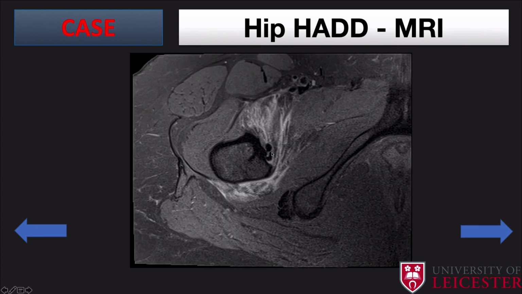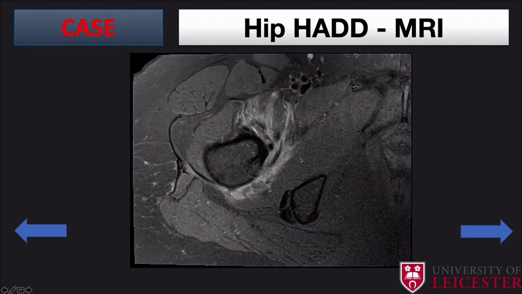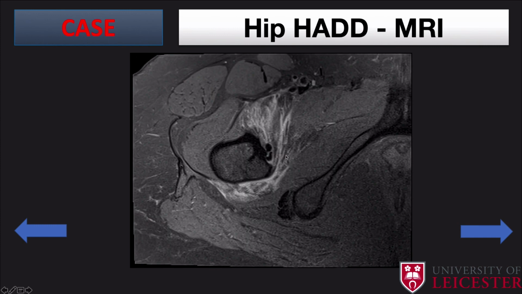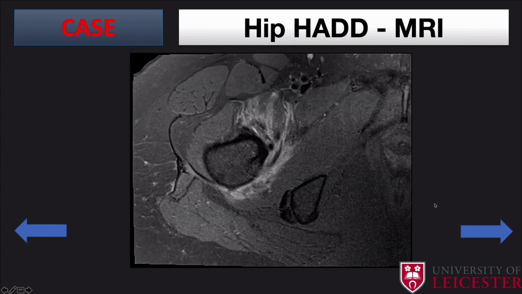These amorphous foci of low signal are actually calcific deposition, and that's what you were seeing on the radiograph. And here you've got an actual acute tendinitis of the right iliopsoas tendon, and it's quite important in this case to demonstrate that this is a calcific tendinitis secondary to hydroxyapatite deposition.